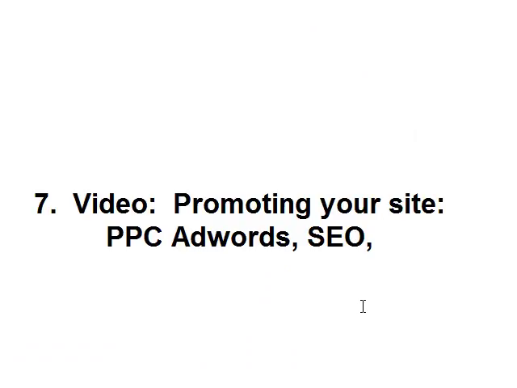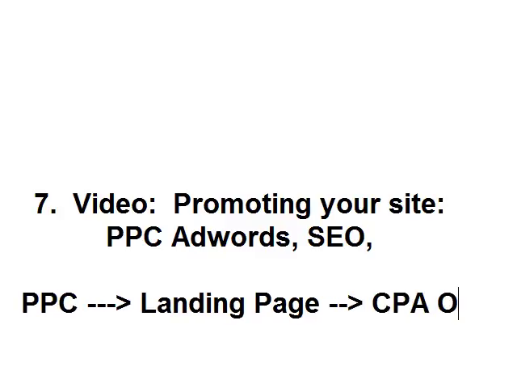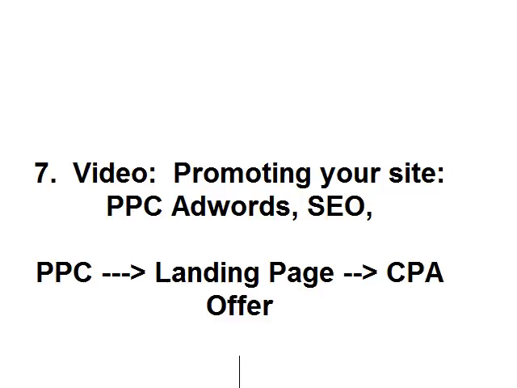Okay, so let's talk about PPC. Like I mentioned in video 6, with PPC, somebody clicks on your ad, they go to your landing page. From your landing page, they go to the CPA offer. You don't want to direct people from the PPC ad directly to the CPA offer, because Google is kind of picking up on that about affiliate offers and things like that.